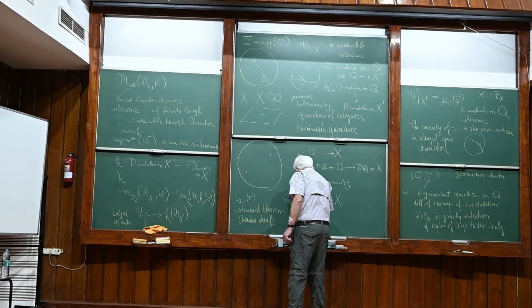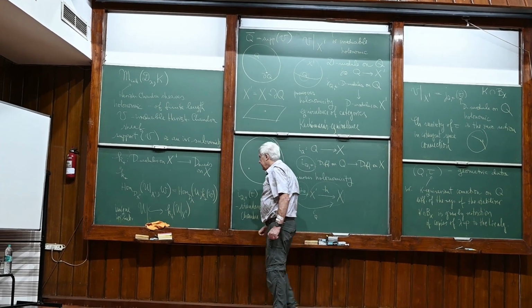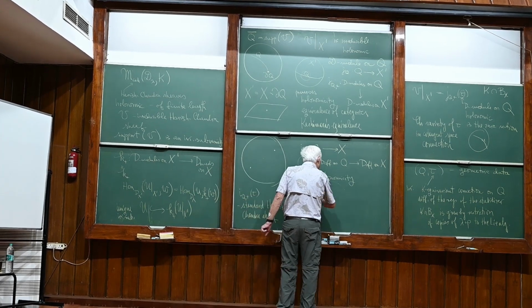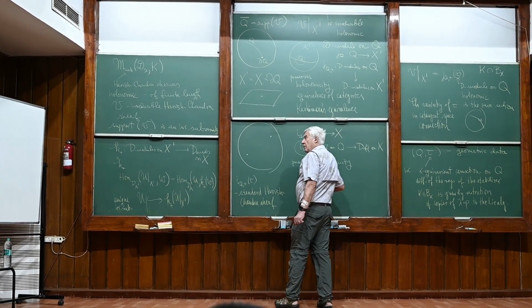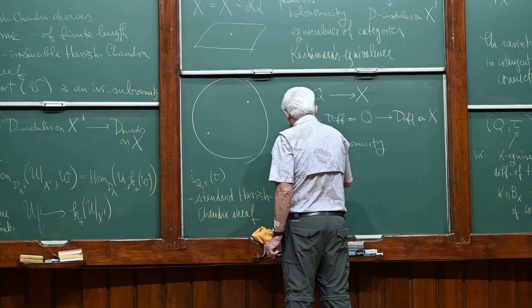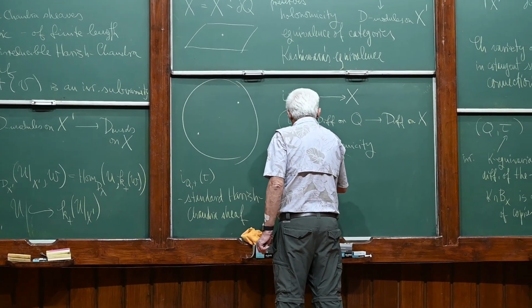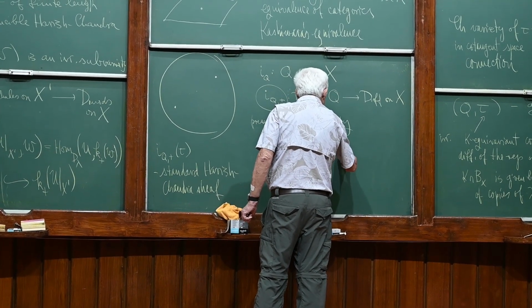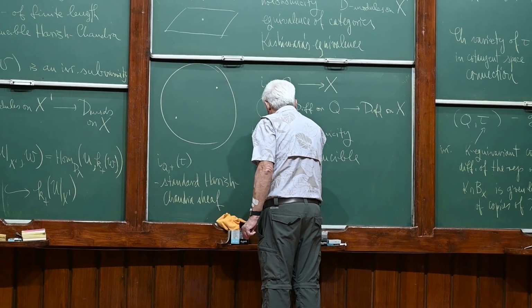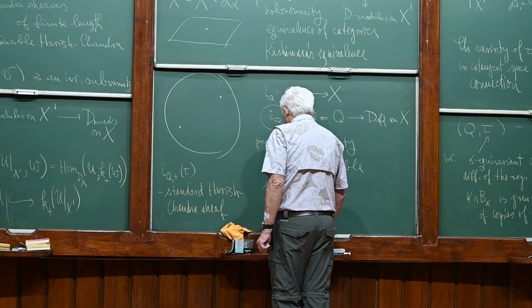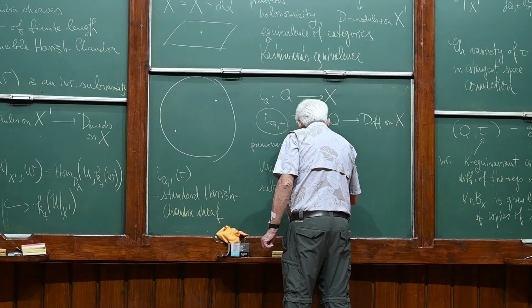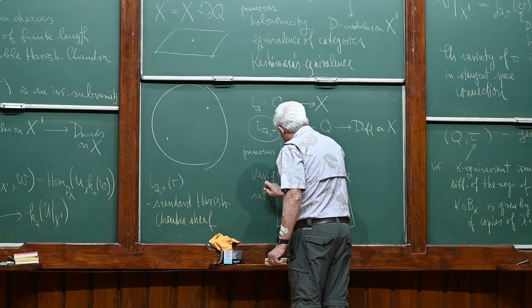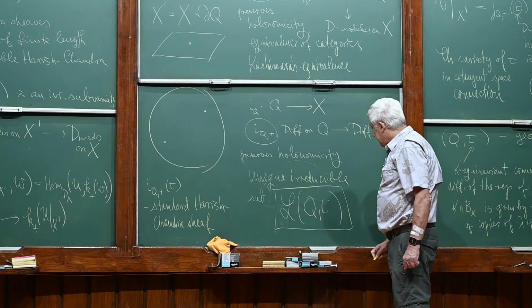And it has unique irreducible sum, which we denote by L, Q, tau, in the category of Harshchandra sheaves.